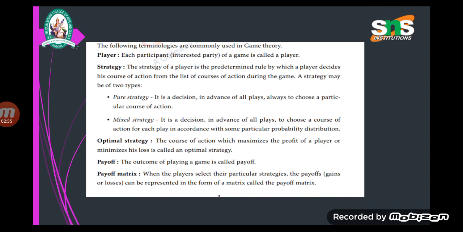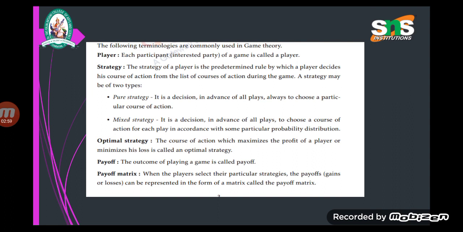There will be an optimal strategy. The strategy used to maximize the profit of a player and to minimize his loss is called an optimal strategy. It takes into account both the maximization and the minimization. Next, payoff. The outcome of playing a game is called a payoff. That means the result of a game will be called a payoff.